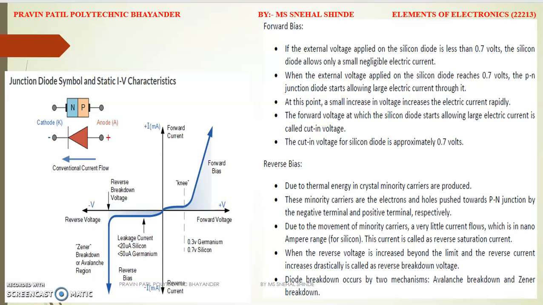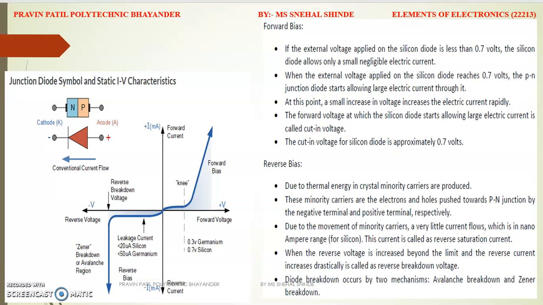When the external voltage applied on the silicon diode reaches 0.7 volts, the PN junction diode starts allowing large electric current through it. At this point, a small increase in voltage increases the electric current rapidly.